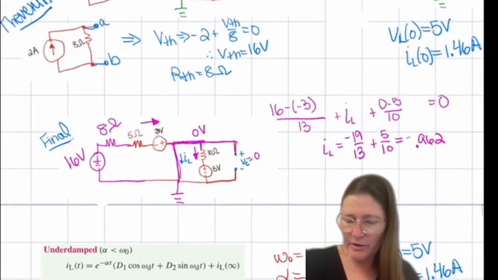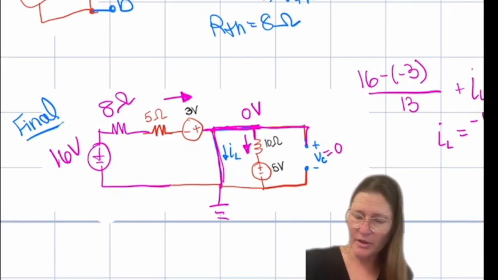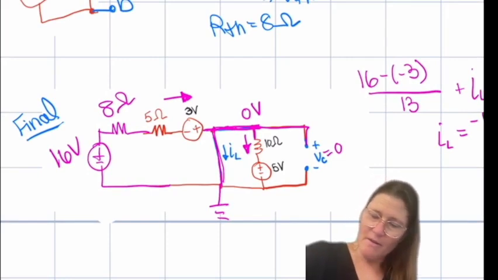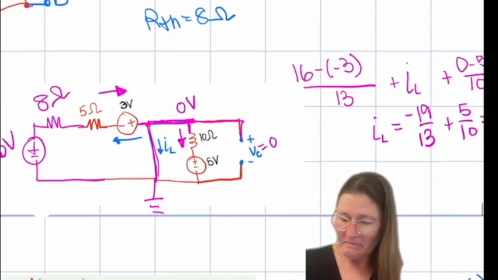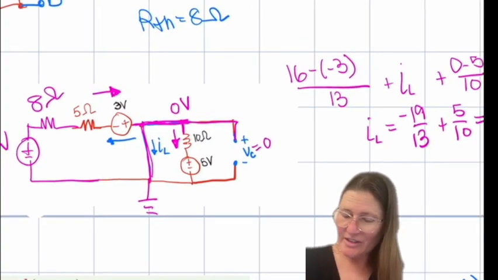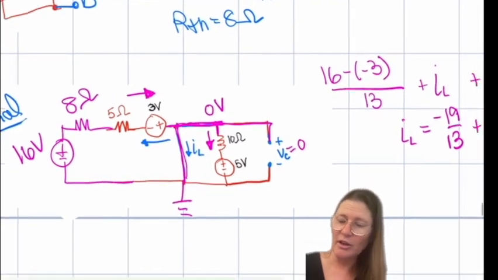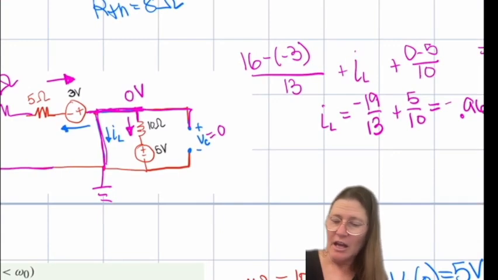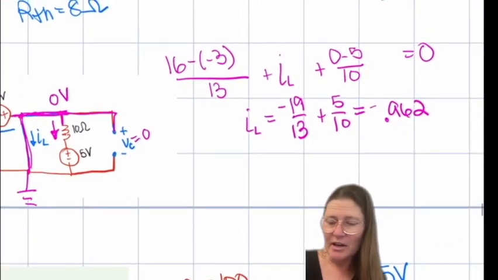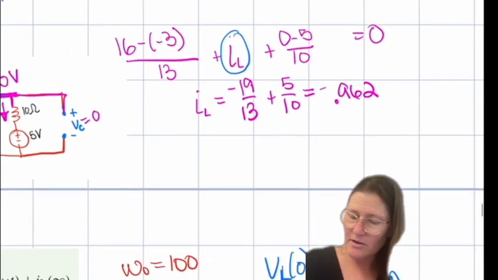And then for your final circuit, you have this one, so you end up with the 16 minus a minus 3 over 13, and then a plus IL plus 0 minus 5 over 10. So you have to add up those currents to get IL.